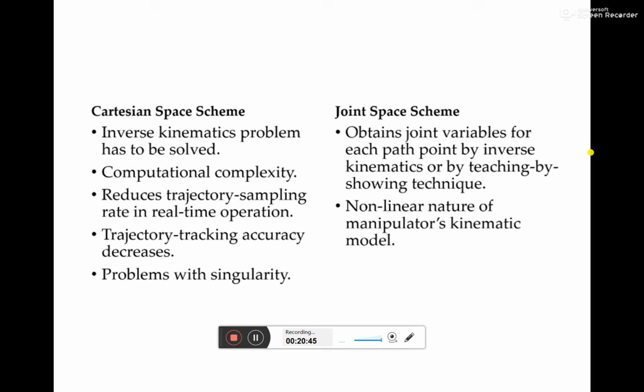That is the comparison of the Cartesian space scheme with the joint space scheme.